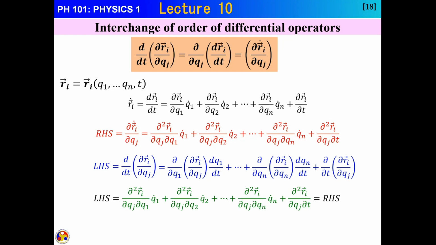So on the right side, this term and this term are the same, the second term is the same, third term is the same, and fourth term is the same. So therefore, for a function of a potential or any form, the partial derivative with respect to generalized coordinate can be interchanged easily with the order. So that's what these two proofs help you to bring in all the functional form.